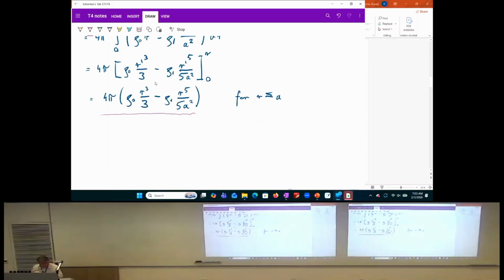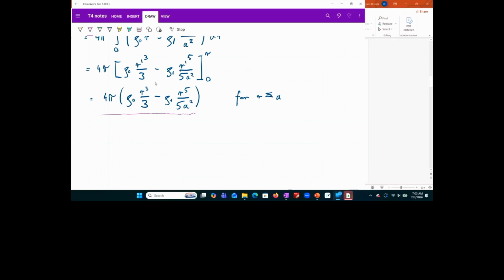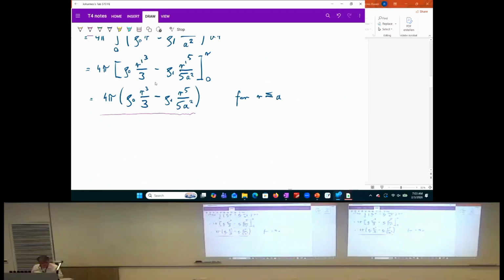So what is then the total charge when we move to a radius which is larger than a? Once we reach a, the space charge distribution drops to 0.